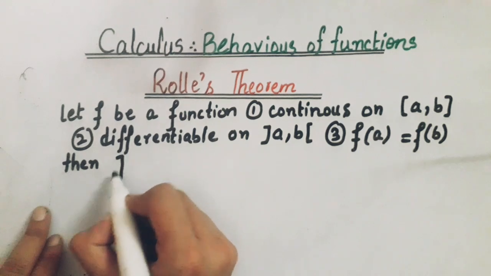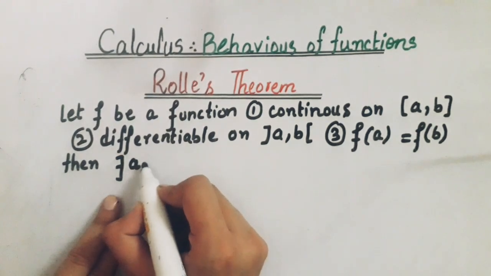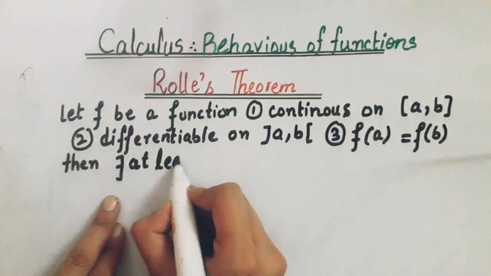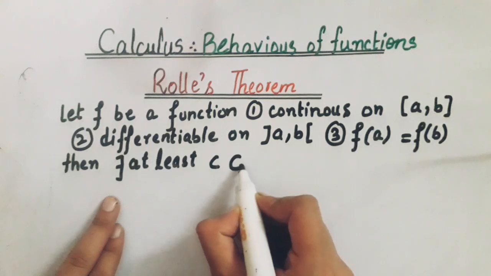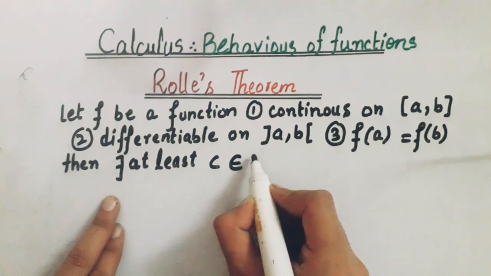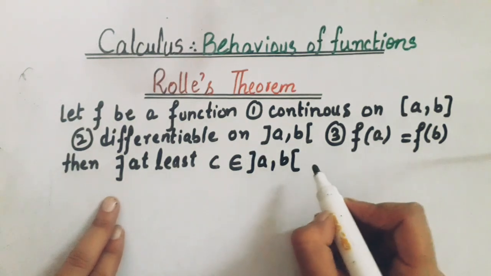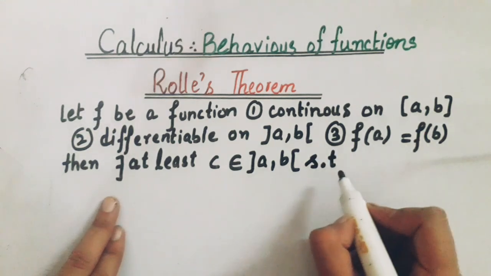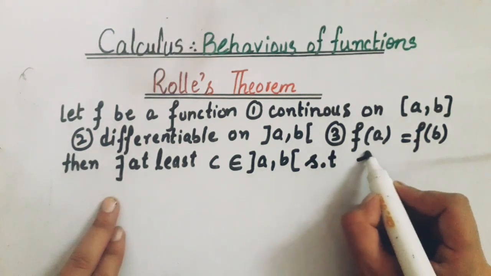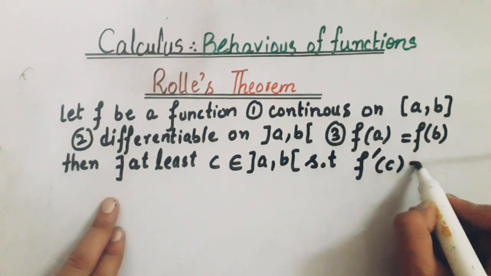there exists, this sign shows there exists, at least one point, that is c, and the condition for c is c belongs to the open interval (a, b), such that, s.t. means such that, the derivative of this function f at point c will be 0.